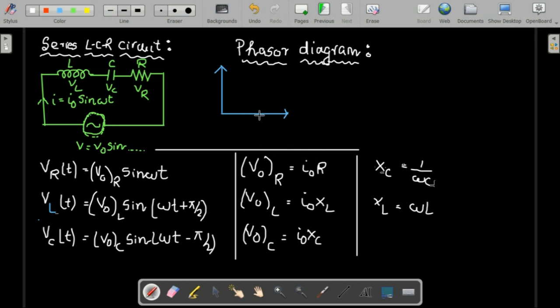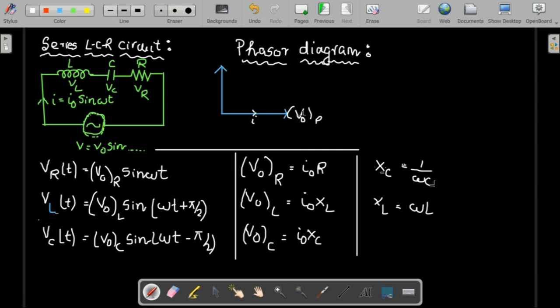Now, if you look into the phasor diagram, what are the parameters for voltage that we are going to draw along the x-axis and the y-axis? Let's say the current is flowing along this axis. That means the current and voltage are in phase only for the resistor, so for a resistor I can draw the voltage across this.